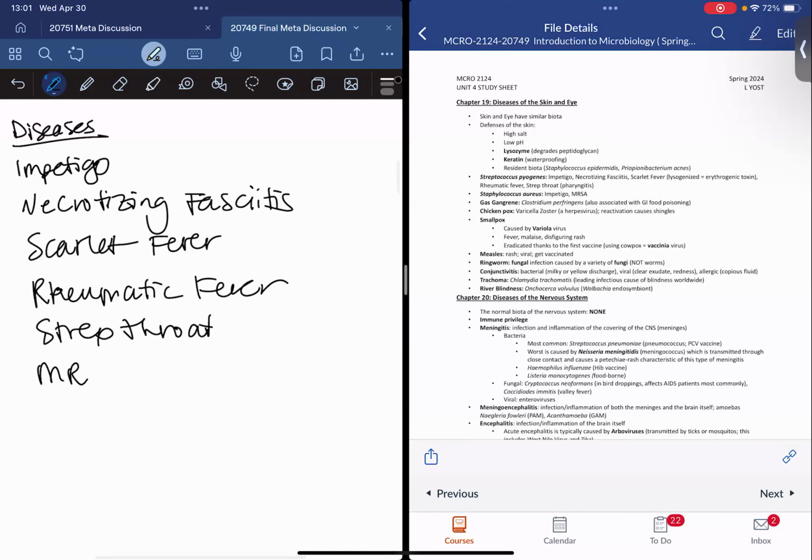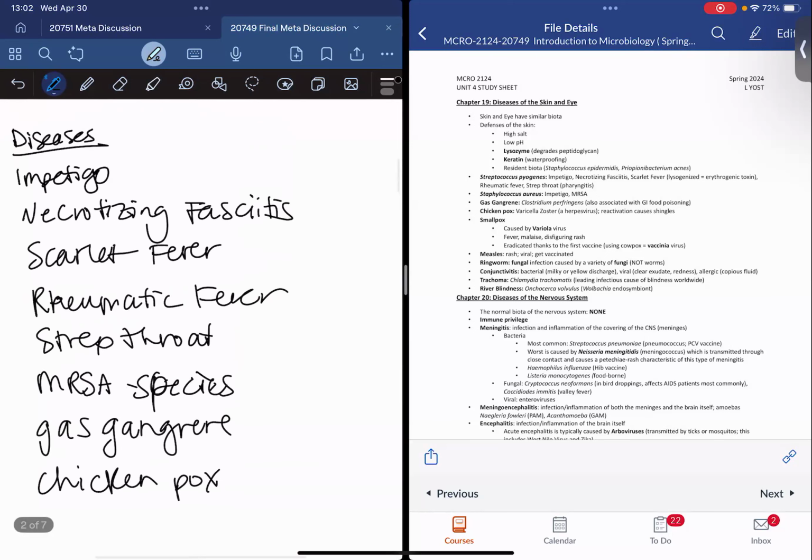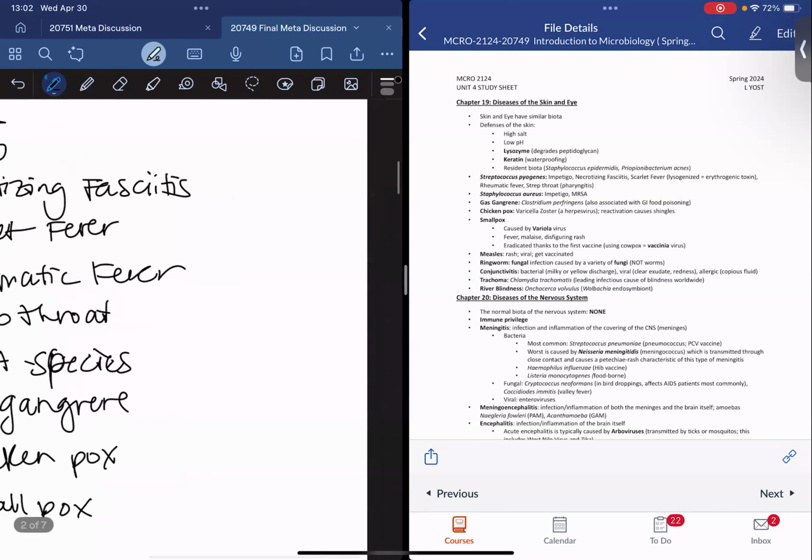We have MRSA, kind of a disease, but really more of a species, but I would give it its own card on the diseases. And then gas gangrene, chickenpox. I'm just going to list until I run out of room on this view. Then we have smallpox. All right, so I would start with my list like that.